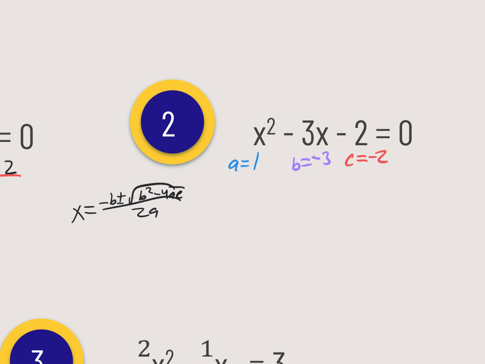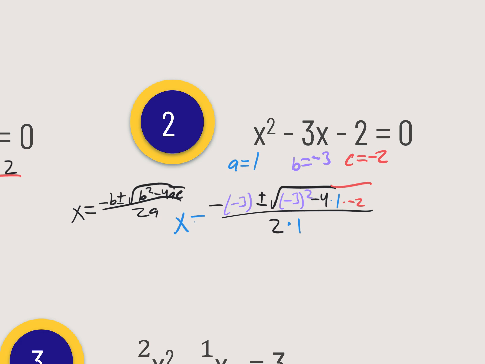We should get -3, all right, plus or minus the square root of b squared, so -3 squared, minus 4 times a times c, all right, all over 2 times 1. So 2 times 1. All right, this is going to be x equals. I forgot that in the beginning.